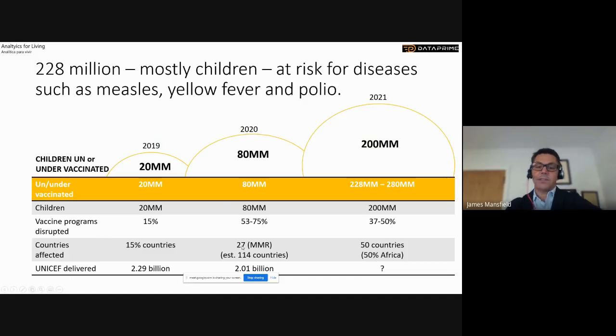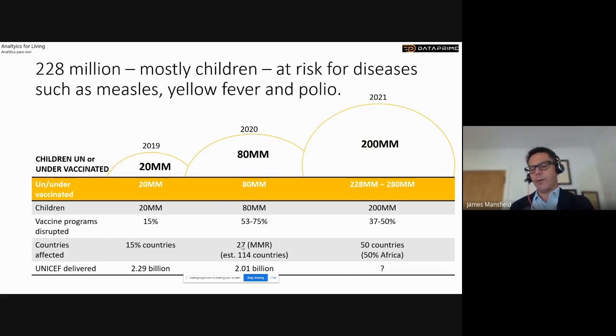If you think of just MMR, measles, mumps, rubella, in the US every child gets that for the most part. Well, you're seeing about 27 countries where children that are born are not receiving that. Fast forward into 2021, and we're seeing about 50 countries affected. So it's not decreasing, it's still increasing where it's disrupted.